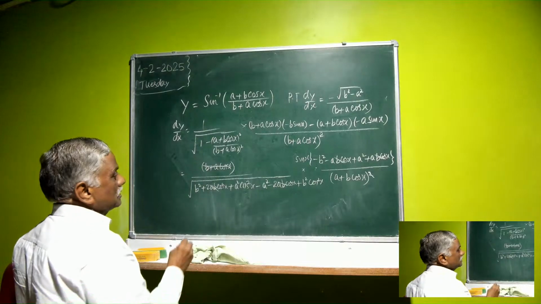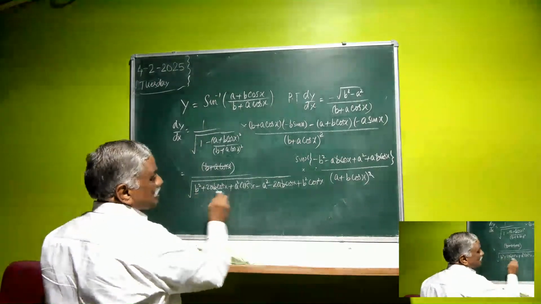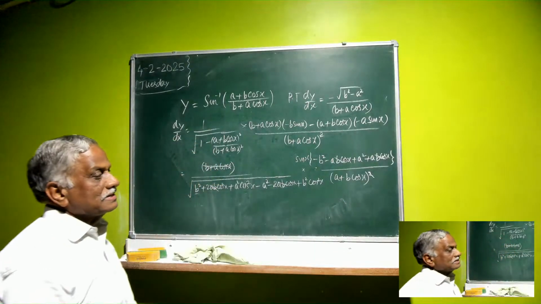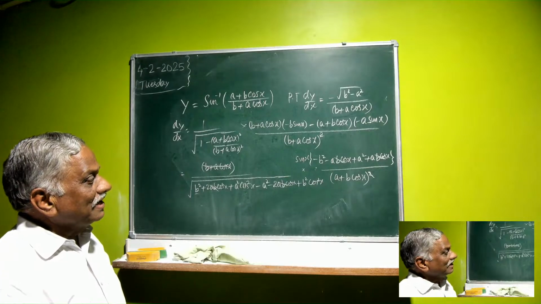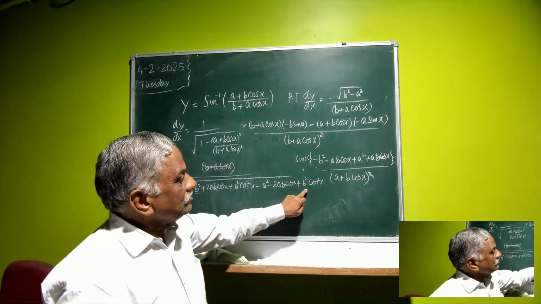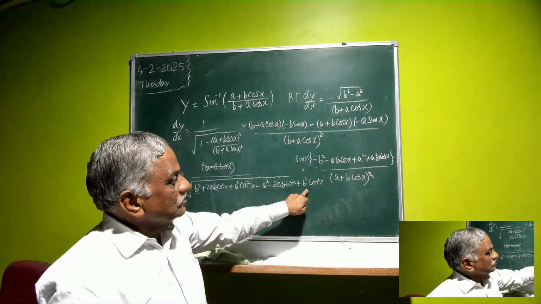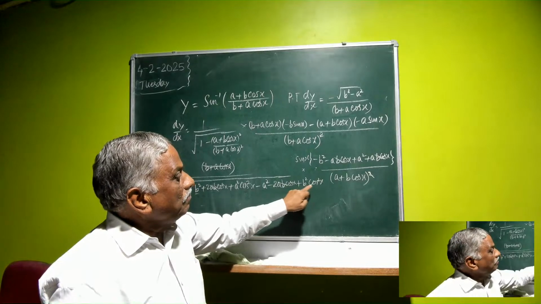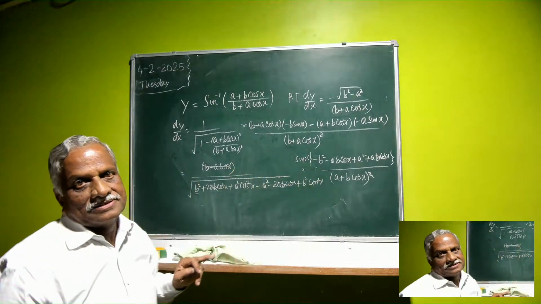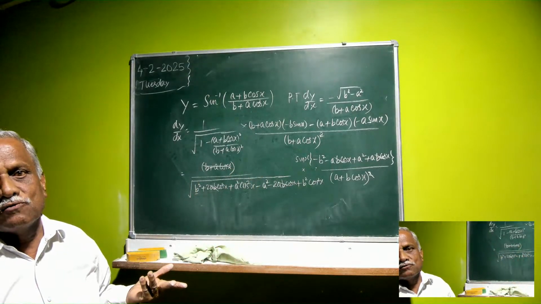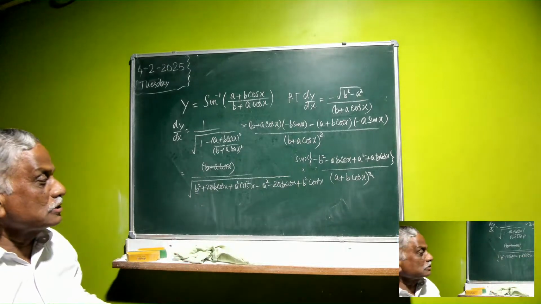So what we can do is, if I take this b square and a square, b square cos x, I will get a 1 plus cos square x. But 1 plus cos square x has no formula. So I have to write it as 1 minus cos square x.